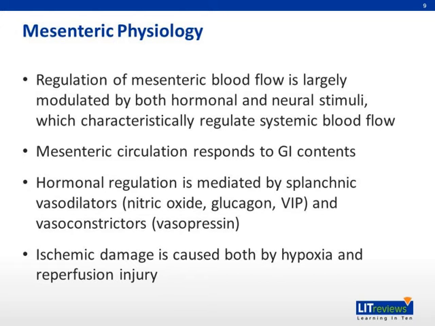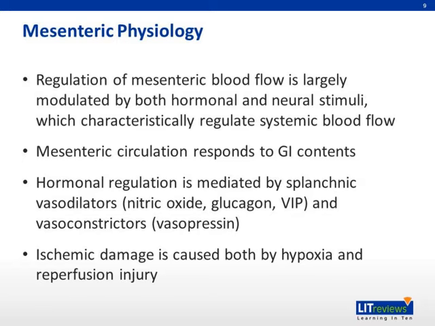Mesenteric physiology. Changes in the resistance of mesenteric arterioles account for wide fluctuations in splanchnic blood flow. This can range from 10 to 35% of cardiac output. There are numerous control mechanisms that contribute to the regulation of mesenteric vascular tone and are responsive to varying conditions such as postprandial state or systemic hypertension.